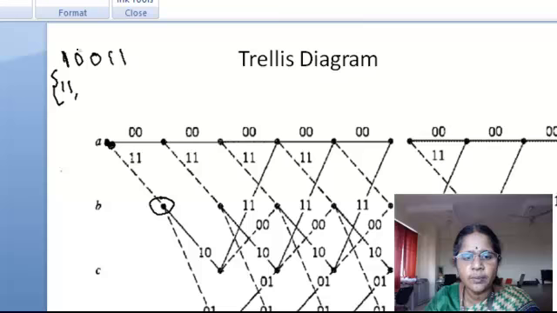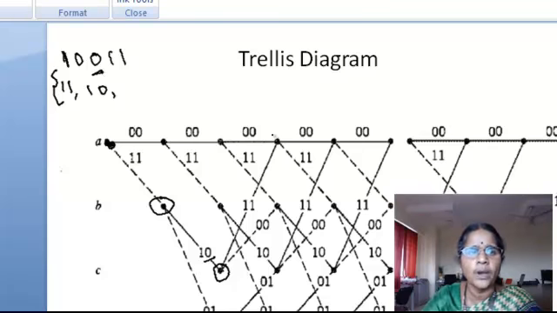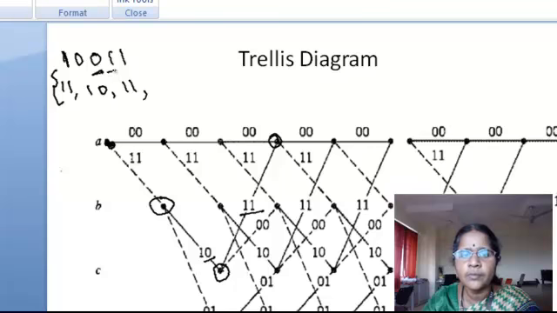And now the next message bit is 0. From here follow the solid path. Here you are in state C with an output of 1 0. And then from here the next bit is 0, so follow the solid path. Here you are with an output of 1 1. And from here the next message bit is 1, so follow the dash line.